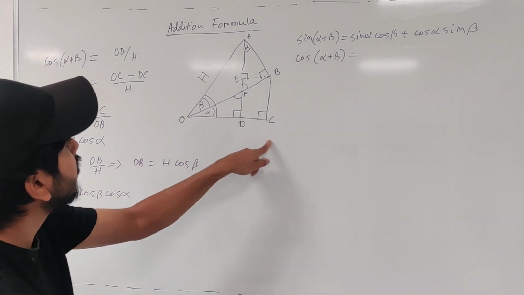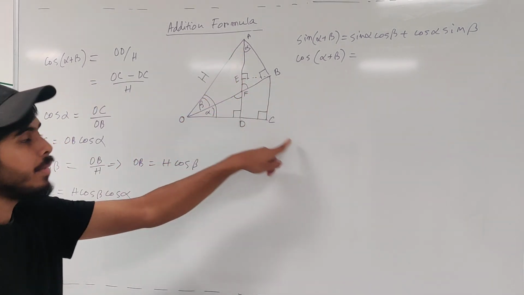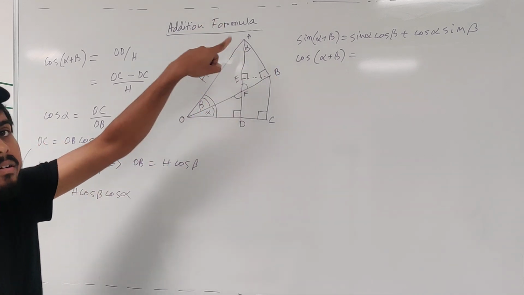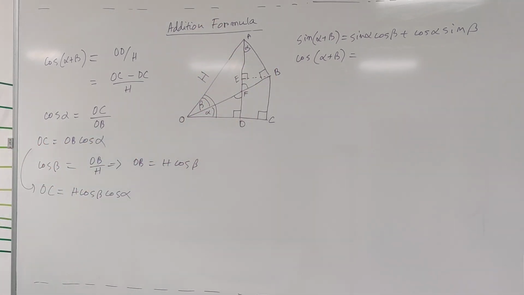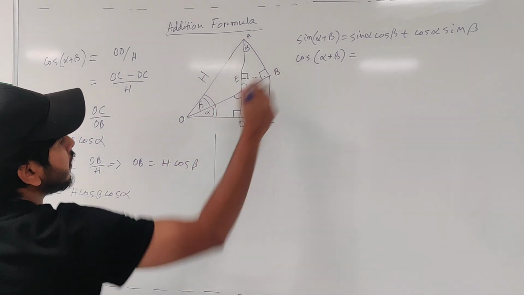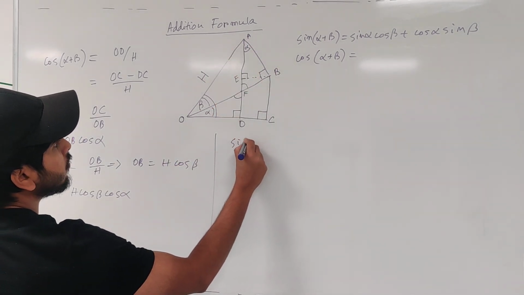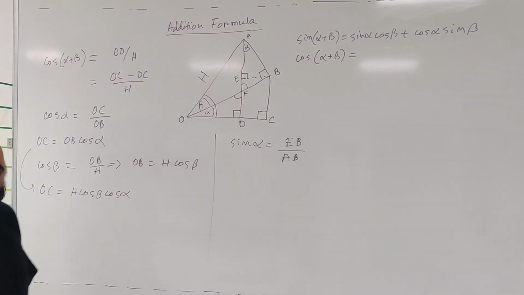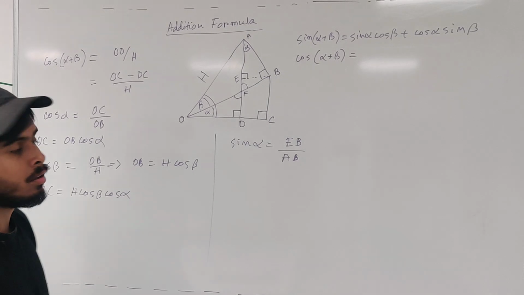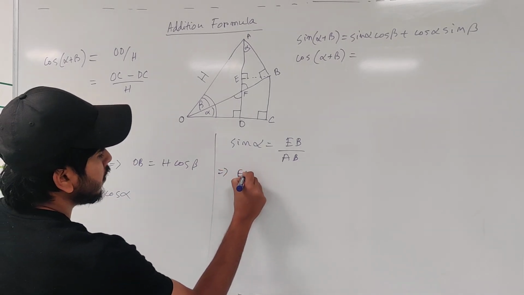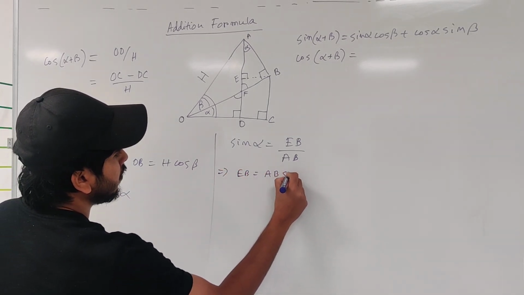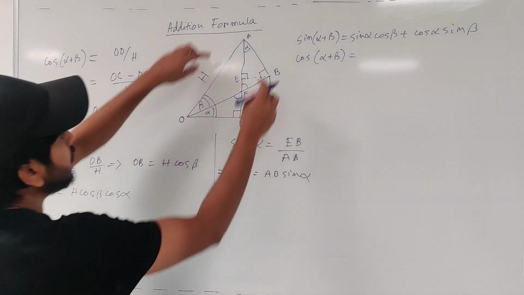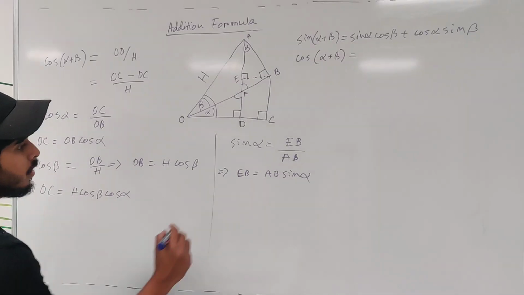This guy DC. Note that in this triangle EB is same as DC. So we have to consider the triangle AEB, and this angle is alpha, already known. In this triangle AEB, I can write sine of alpha equals EB over AB, or EB equals AB sine alpha. Fine. How do you find out AB? Again, consider the big top triangle.